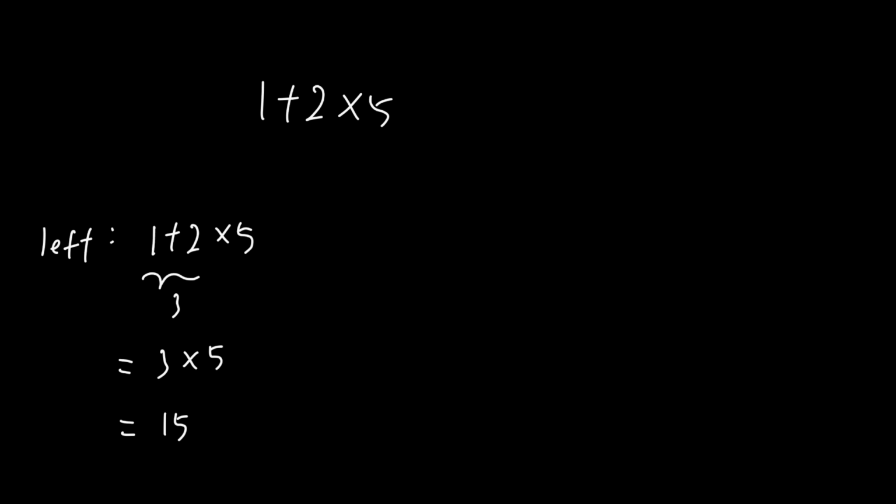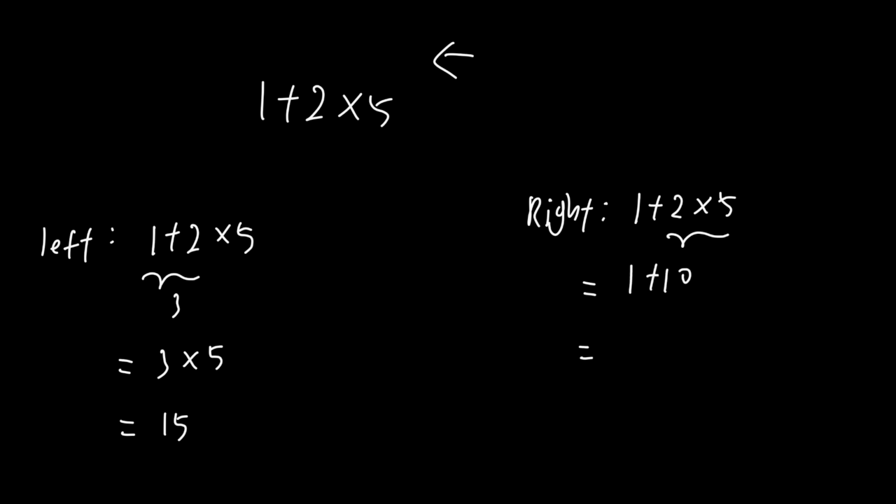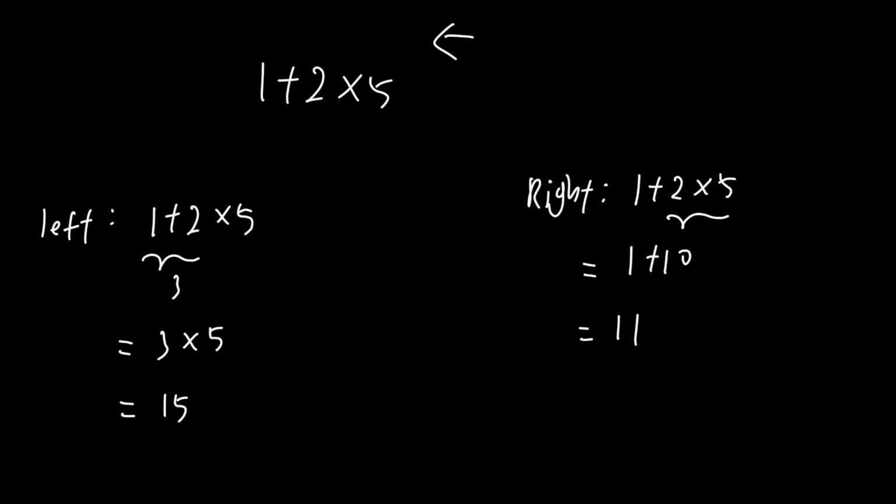And what about we start from right? We start from right. 2 times 5 is 10. So 1 plus 10. And 1 plus 10 is 11. But something is wrong here, right?